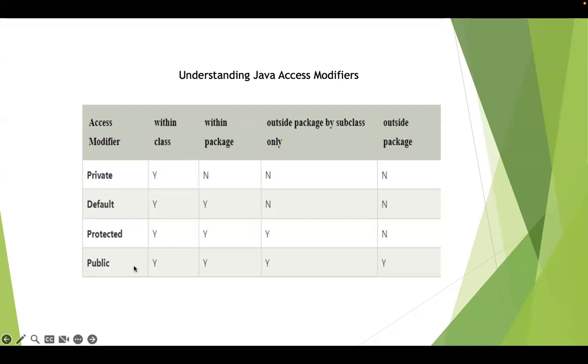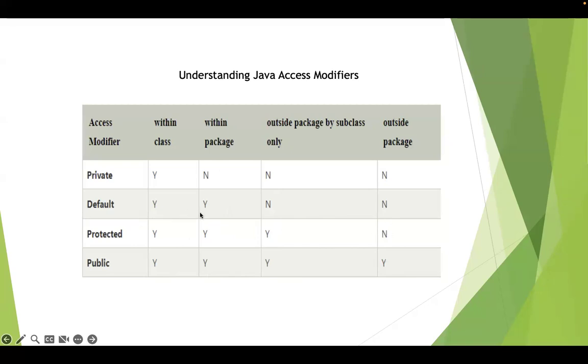Here, if it is public, within the class can access, within the package can access, outside the package can access, and subclasses can access. Everyone has access if it is public. But if it is protected, you can see within a class, within a package, and subclasses can access, but outside people can't.